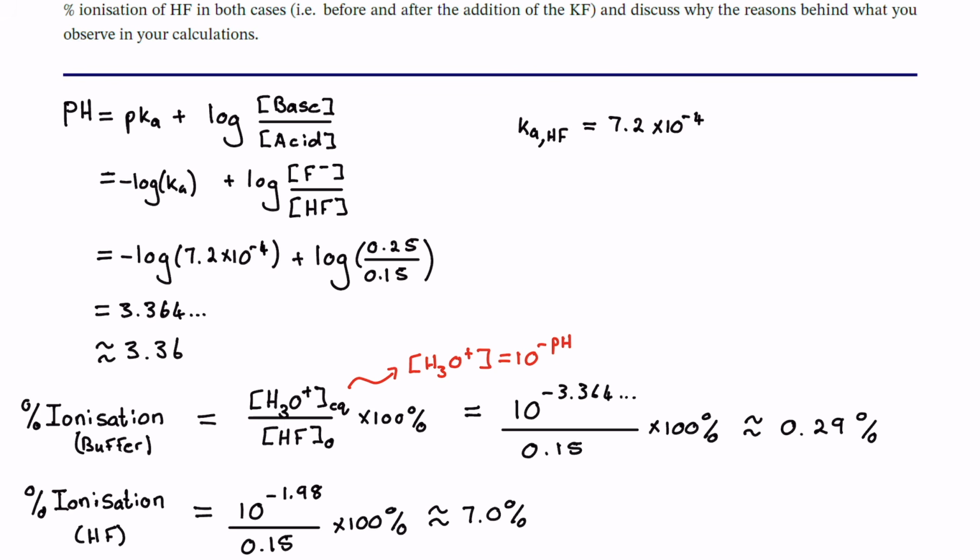A buffer solution contains both the acid and its conjugate base already in significant quantities, and in essence it means that your acid is less ionized, your base will dissociate less, because those species are already present in solution.